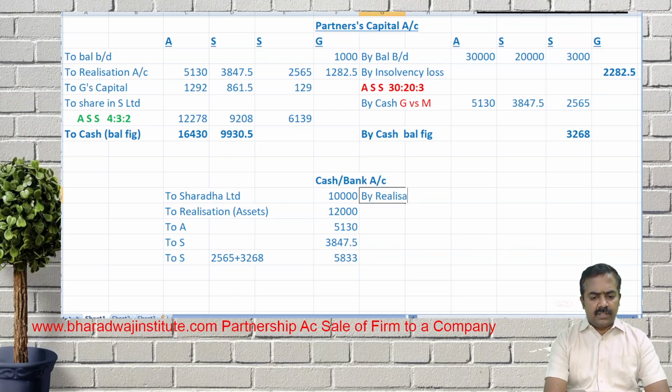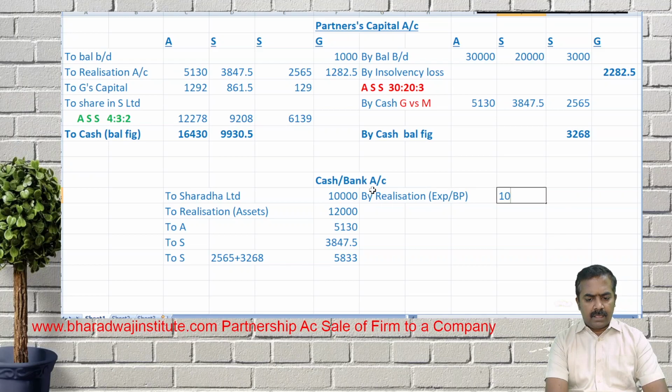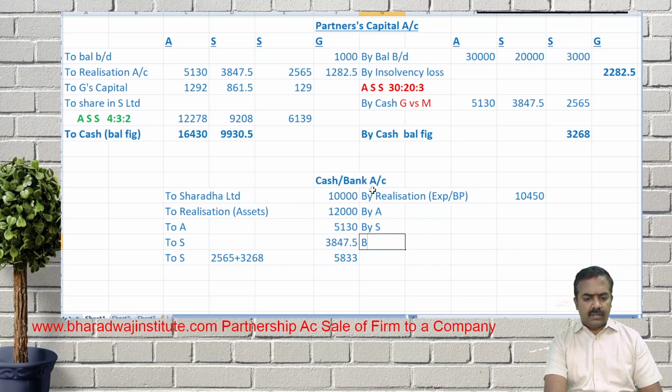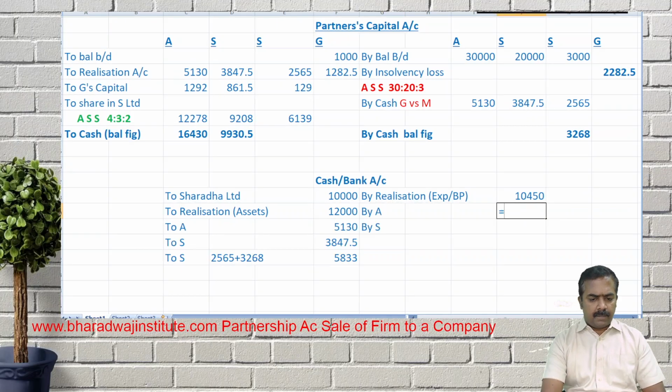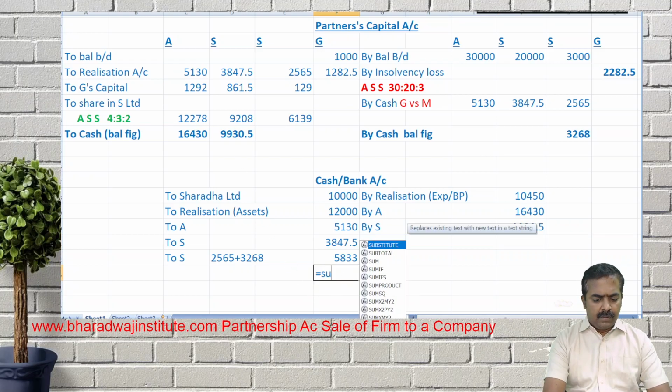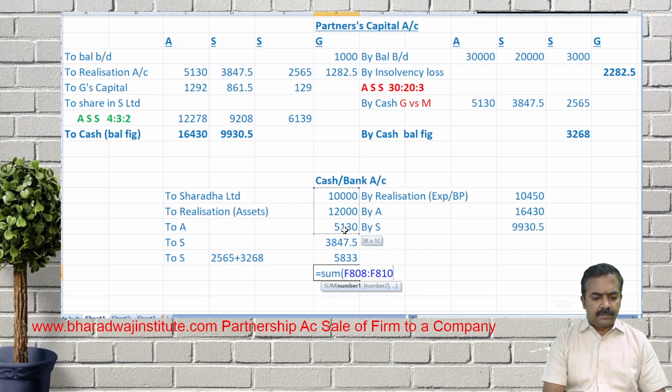By realization, that is expenses, bills payable எல்லாம் pay பண்ணிருவோமே, 10,450. By final settlement, by A and S. Total பண்ணி பாருங்க tally ஆகுது.